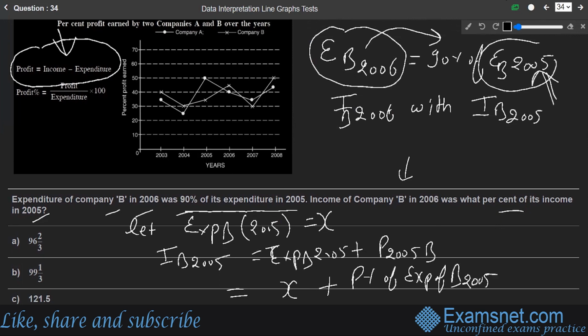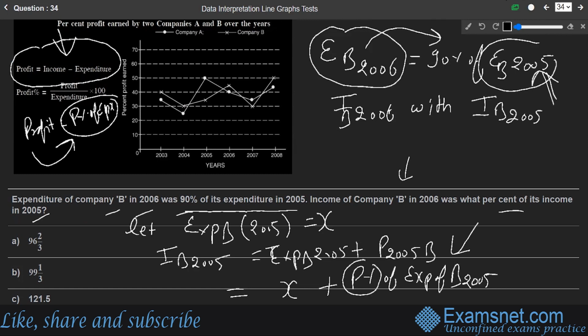For the profit percent, obviously we'll have to read the data. In 2005, the profit percent of B, that is the cross, is given by this value, which is between 30 and 40. So clearly we'll take it as 35%.